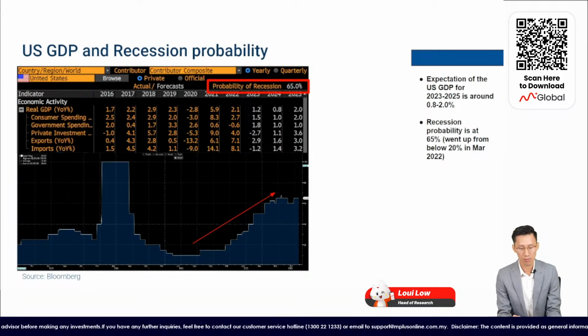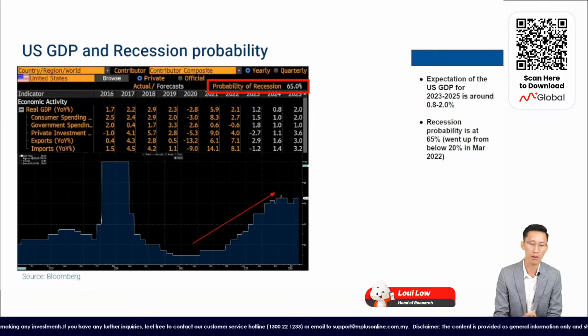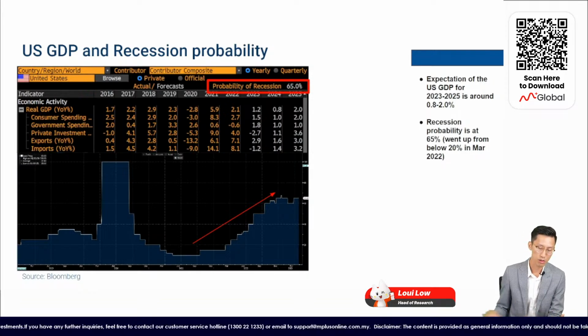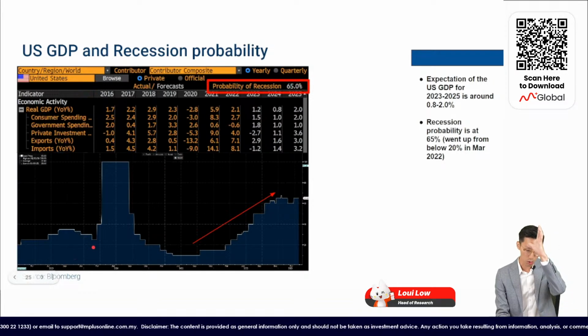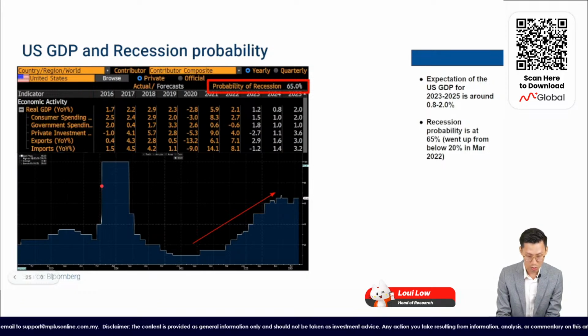Okay, so this is not what I say. I am just printing some screenshots from Bloomberg, and the Bloomberg itself showed that the probability of recession has gone up to 65%. When this was in 2020, it went up to near 100%.